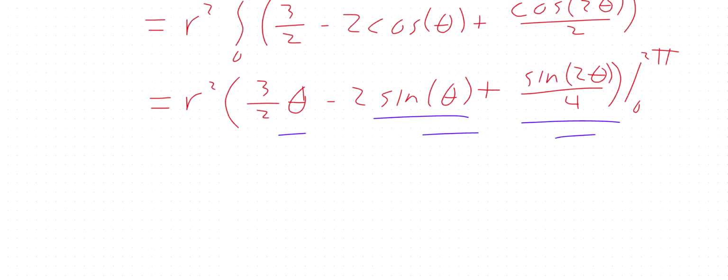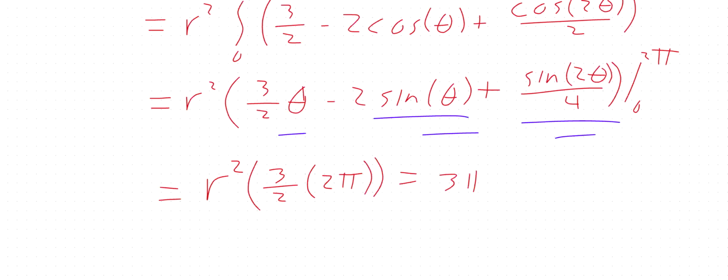So things simplify very nicely. It's 3 over 2 times 2 pi. Therefore, it's going to be 3 pi r squared. And then whatever units squared that is.